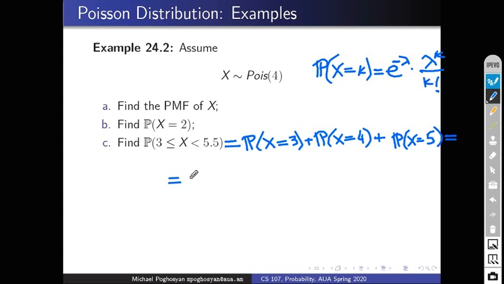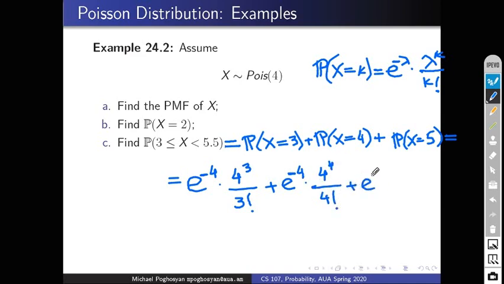So here we will have e to the minus 4 times 4 cubed over 3 factorial, plugging k to be 3, plus e to the minus 4 times 4 to the 4 over 4 factorial, plus e to the minus 4 times 4 to the 5 over 5 factorial. So this is the probability that x will be between 3, including 3, and 5.5.